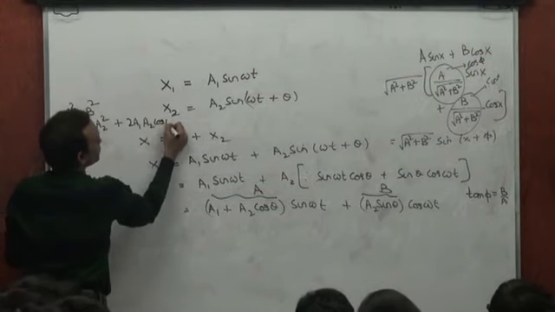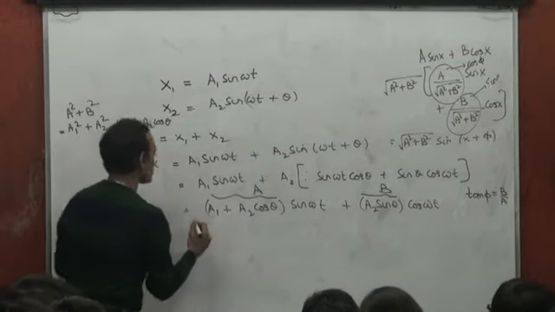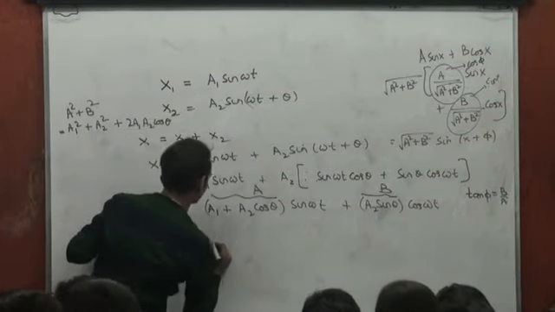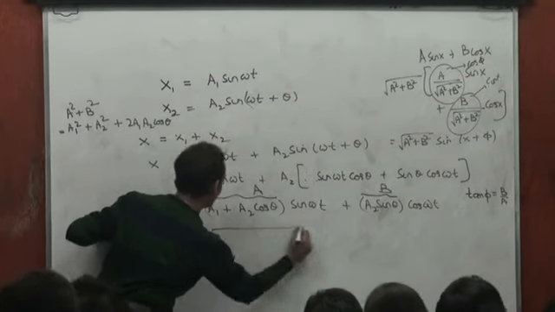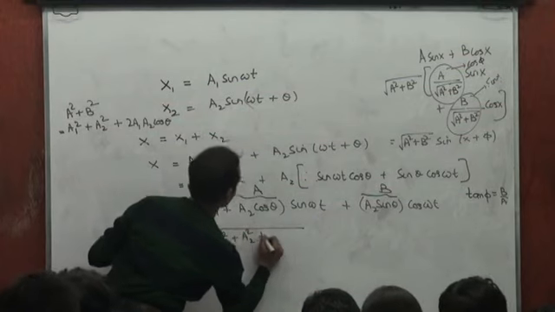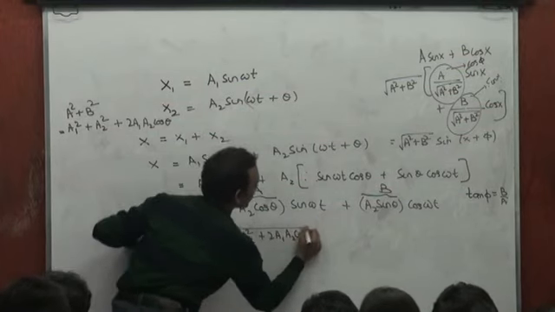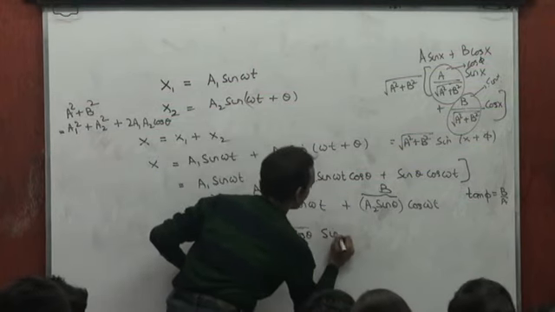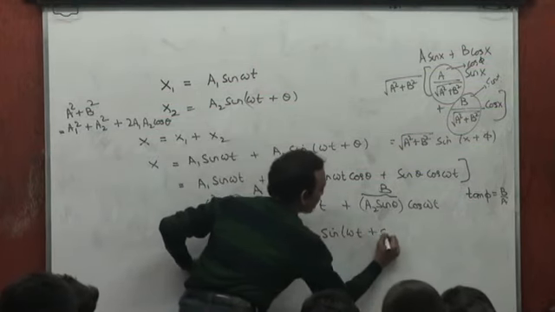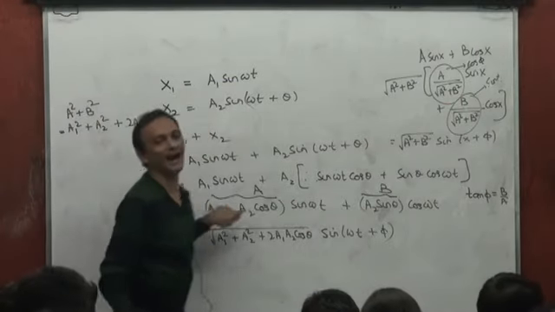That's a squared plus b squared, this is a, this is b. So this is what happens. So we have root a1 squared plus a2 squared plus 2a1 a2 cos theta sin omega t plus phi, where tan phi would be b by a.